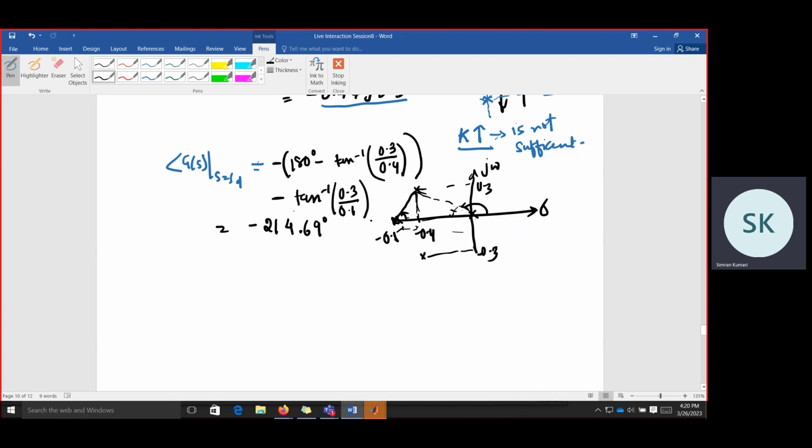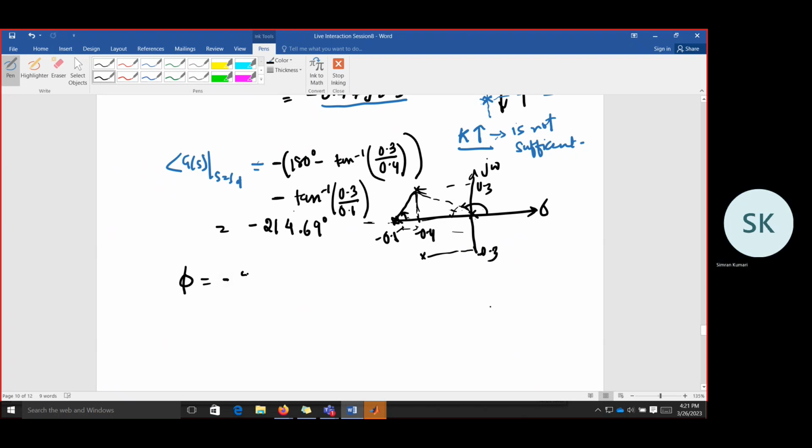And now we want to add a lead compensator. We are just cascading a lead compensator. There will be a zero and one pole. So the overall angle of the compensated system should be minus 180. So what is the angle deficiency? It means how much angle has to be provided.